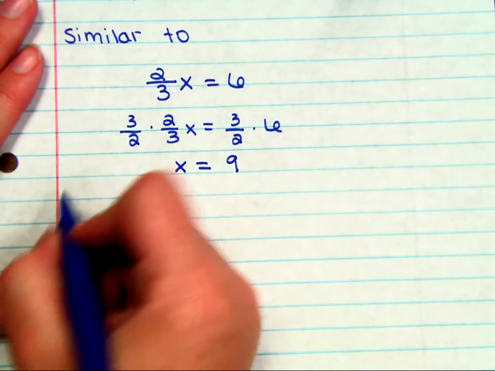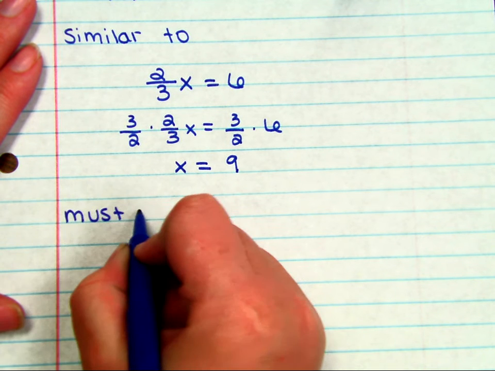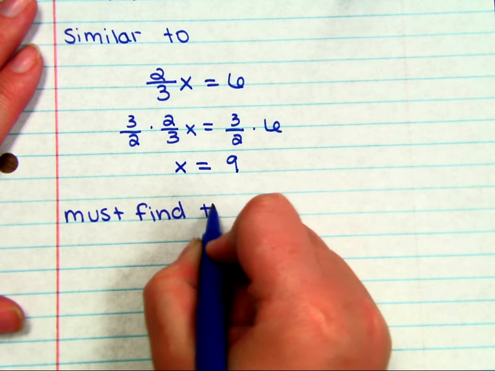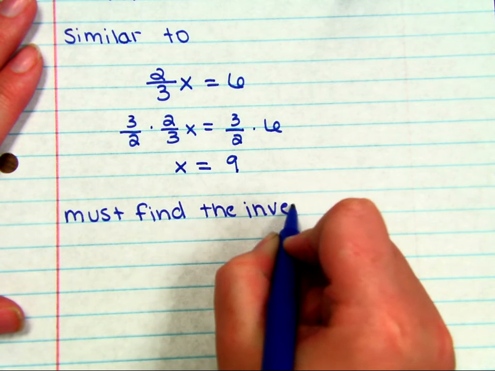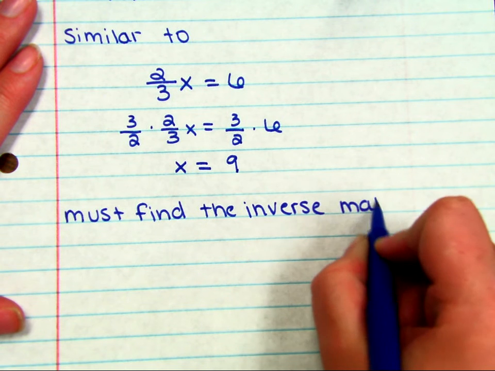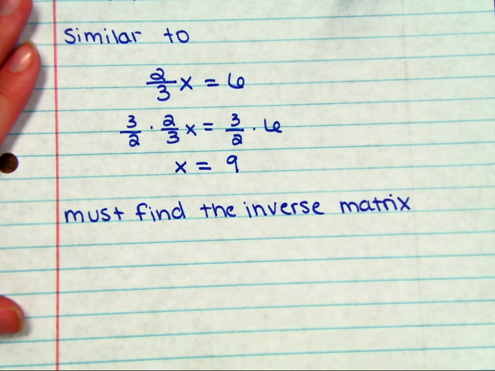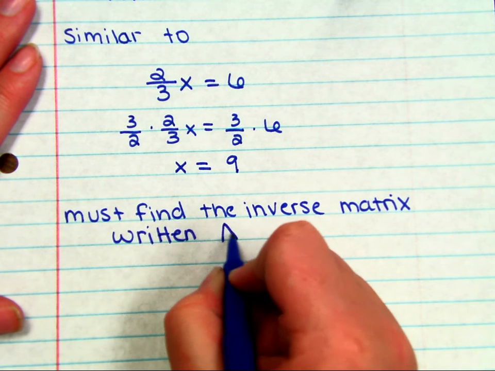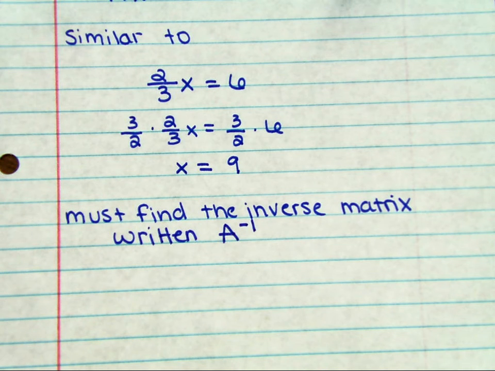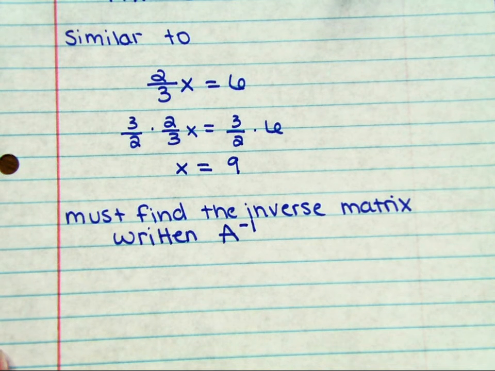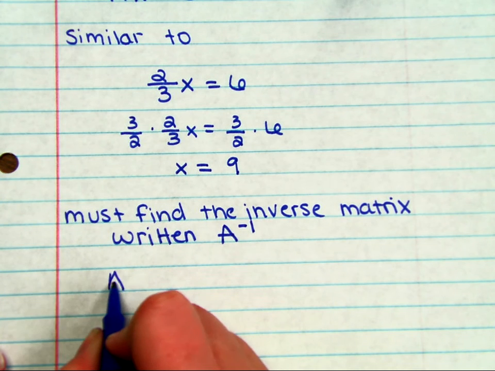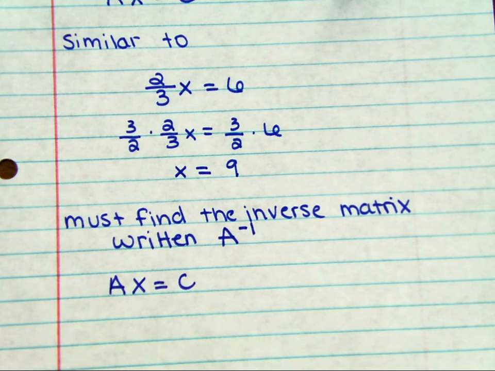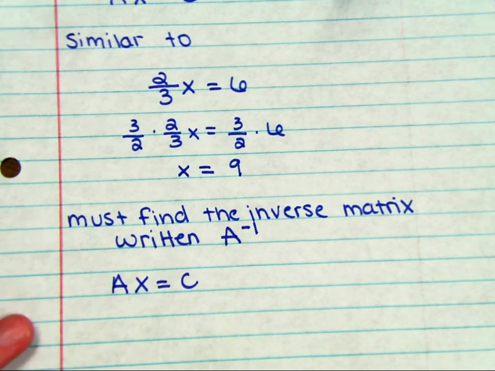So, and this is written A to the -1, so the inverse of matrix A. Now back up to our problem where we were trying to solve AX equals C. Okay.